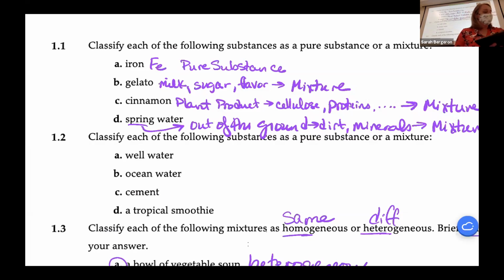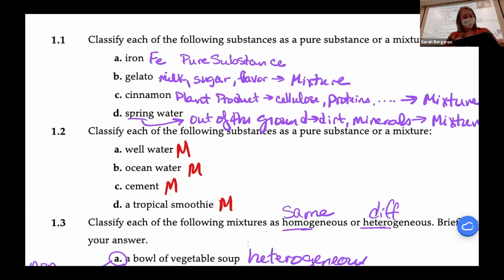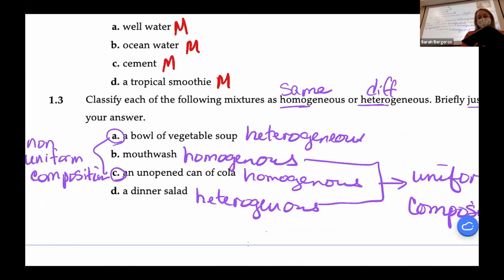Mixture, because as I said, if it doesn't say pure water, it's not pure. Ocean water. Absolutely a mixture. You even got some fish in there, right? Cement. Mixture, good. How about a tropical smoothie? Mixture. Even though it's all blended up, there are bits and pieces of different things inside of there. Okay, now we have some mixtures.